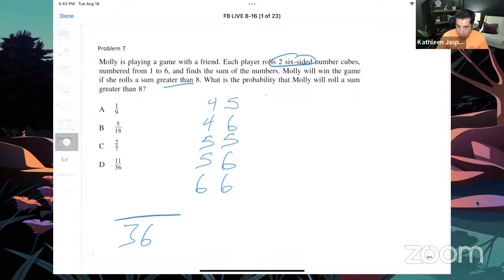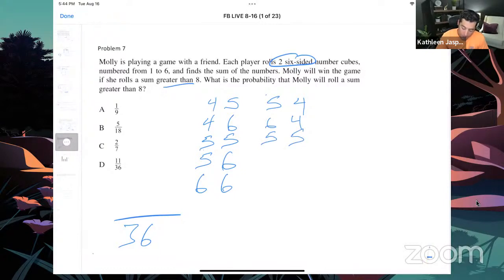Well, you have 2 dice. If these are the only combinations that get me greater than 8, then what if the dice come out in the opposite order? If I rolled a 4, 5 here, that means I can roll a 5, then a 4 here. If I roll a 4, 6 here, I can go 6, 4 here. Even though these are the same numbers, these are 2 different dice.